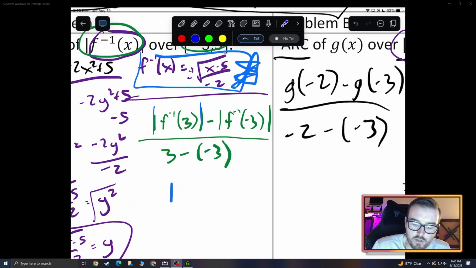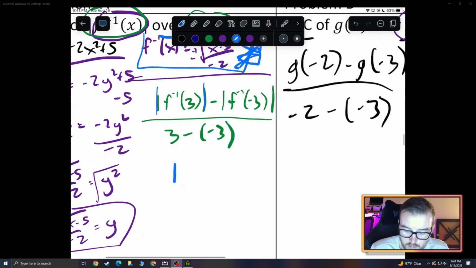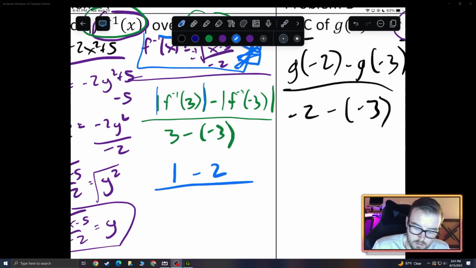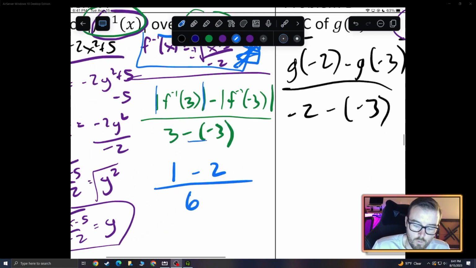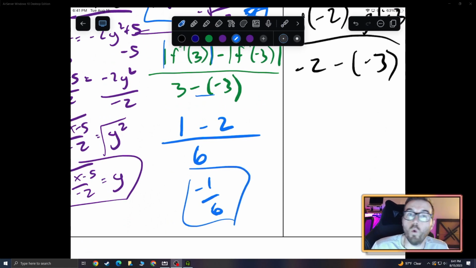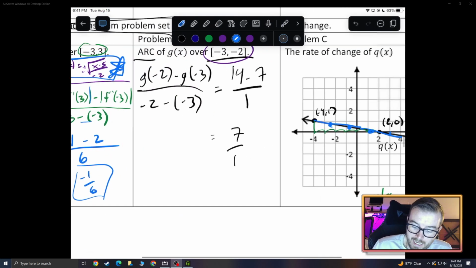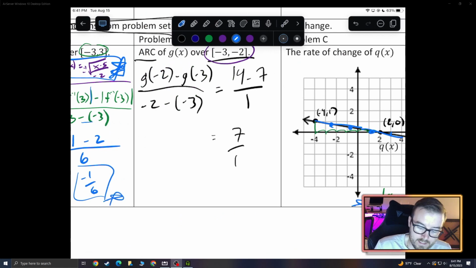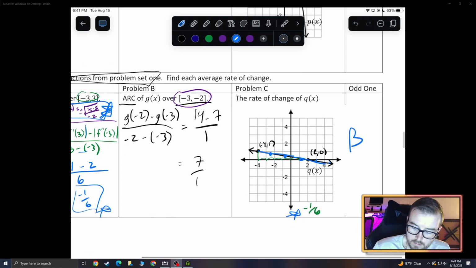But when you take the absolute value, you just end up with 2. 3 minus -3, that means plus 3, so 6. 1 minus 2 is -1/6. Whoa. And that matches -1/6 and -1/6. This is the odd one out, B.